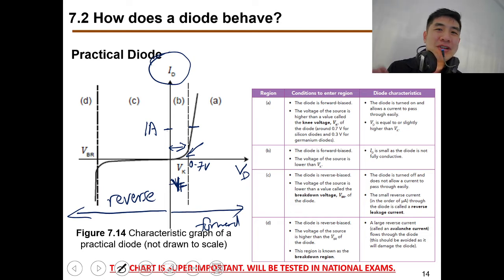A small current cannot do anything. So basically, this graph is just telling you that after 0.7 volt, the practical diode will work fully in the forward bias mode.